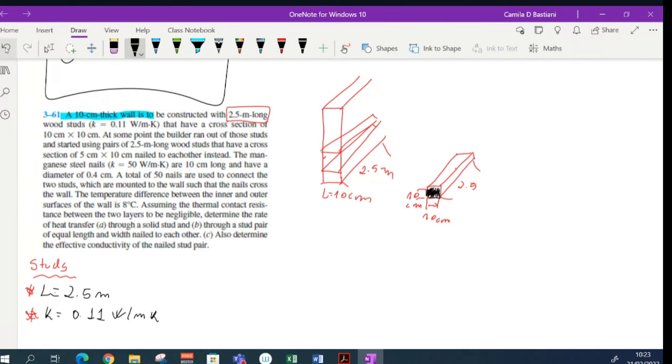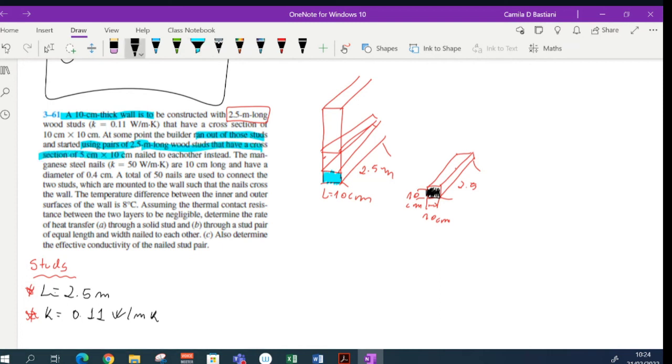At some point, the builder ran out of those studs. Instead of using studs and piling up those studs, the builder started to put together pairs of 2.5 meter long wood studs that have a cross section of 5 by 10.